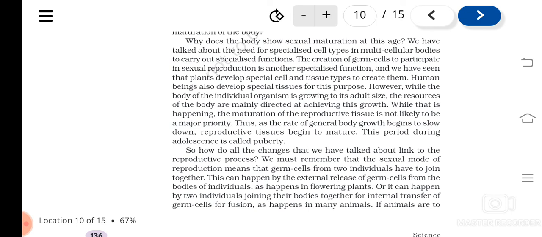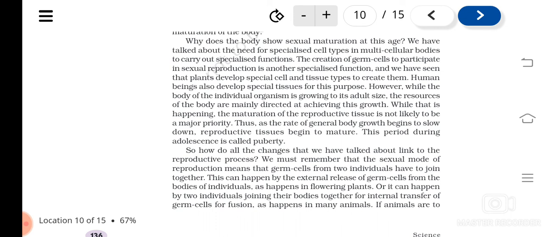That's why children grow very fast, and their size increases very fast. The full concentration of the body is to make the body reach full size. After that, maturation happens. At that time, the resources or the aim change, the rate of general body growth begins to slow down, and reproductive tissues begin to mature.